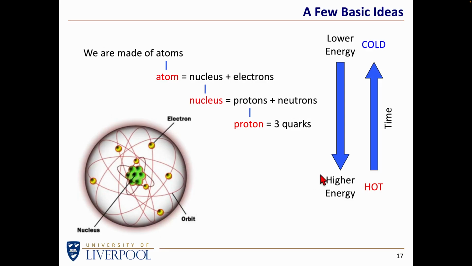You have to wait until the universe has cooled off a bit before you can put quarks together to make protons. And you have to wait a little bit longer until the universe has cooled off even further before you can have protons and neutrons get together to make the nucleus of an atom. If you try and make a nucleus before the universe has cooled off, the protons and neutrons would have so much energy they would tear themselves apart.